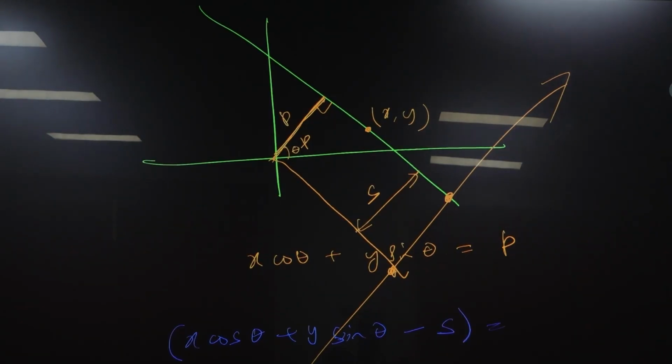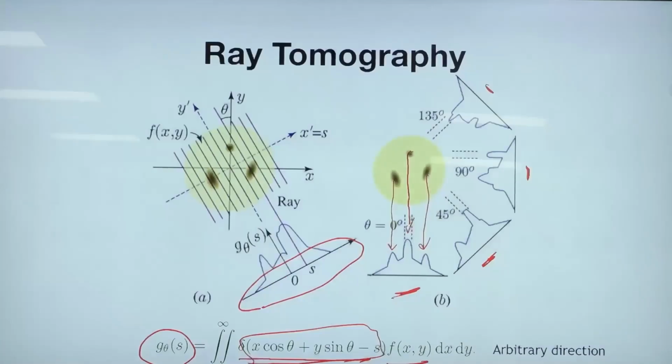If this is equal to 0, then it is this particular point, right? So x cos theta plus y sin theta minus s equal to 0 defines this line.